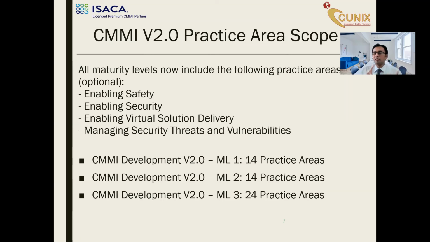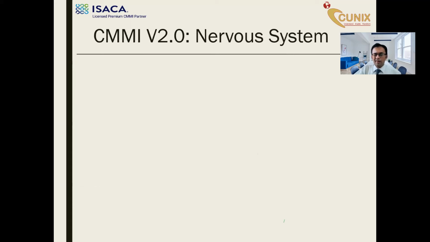So till now, we had spoken about the differences about the scope, the nomenclature, right? And how the structure has been created for 2.0. Let's go a bit deeper. Now, let's look at the nervous system. Nervous system means what is the basis of this 2.0?